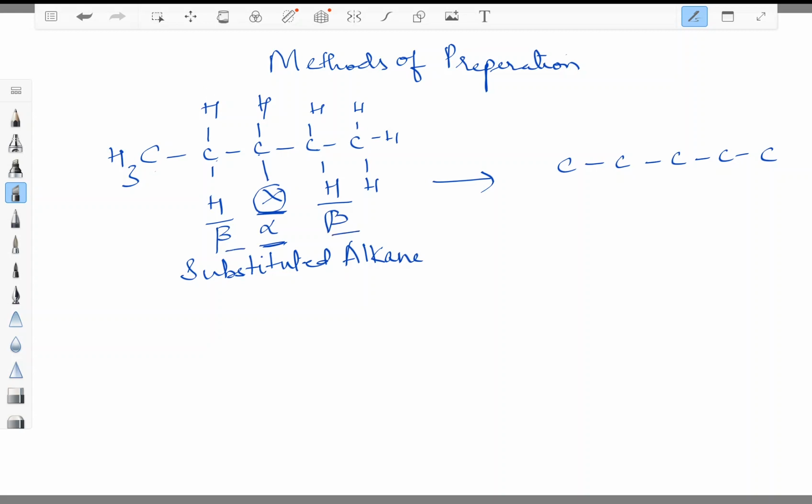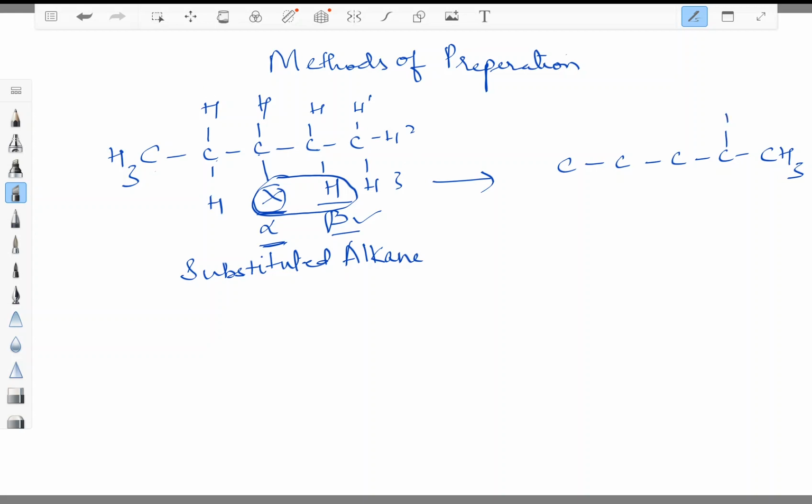It's up to us. In this scenario, if I'm using this group as the beta group, not this one, so I'm marking this as beta. So what is going to happen here is these two groups are going to be eliminated, and here it is as it is CH3, as was here 1, 2, 3 CH3.